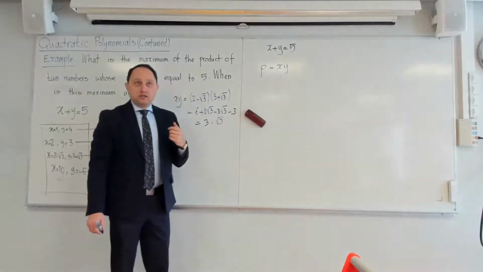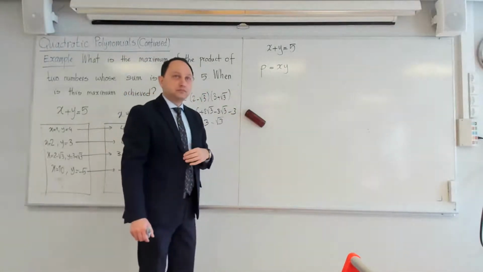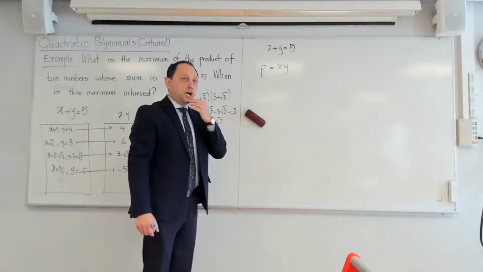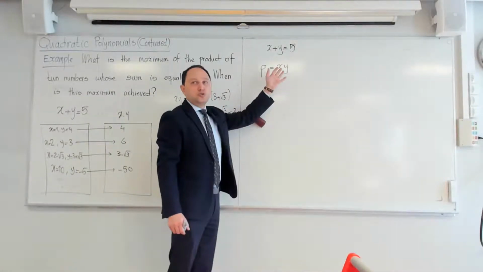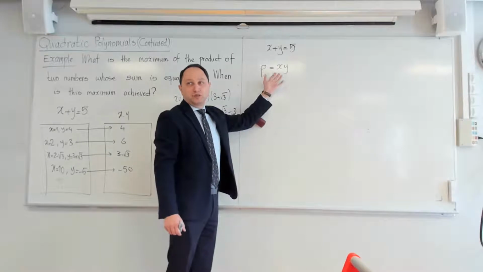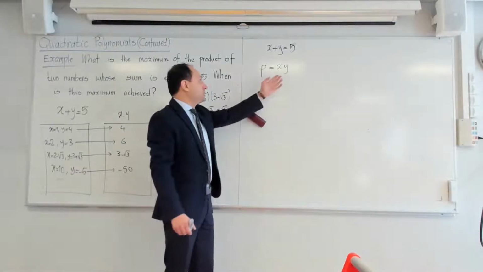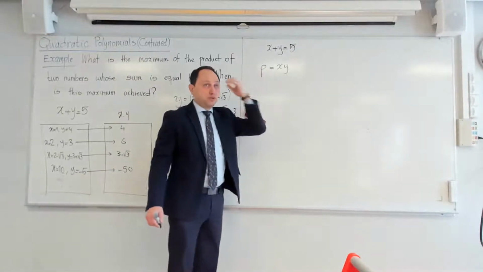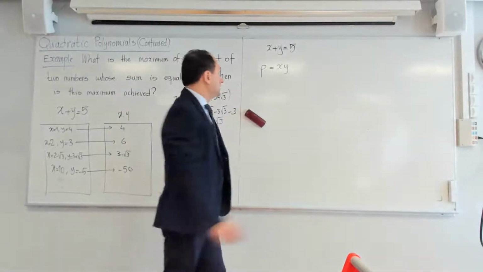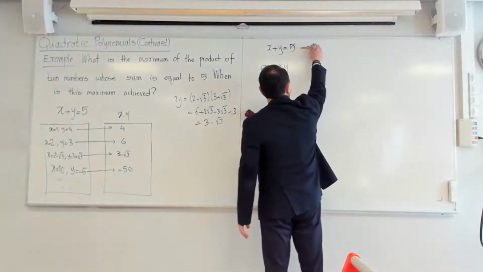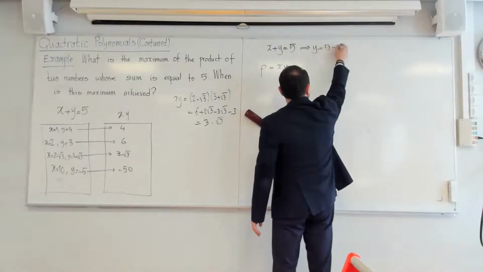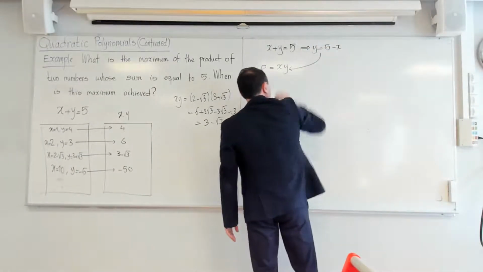Usually the variable we are familiar with is x, so let me get rid of y in favor of x. What should I do? Solve the equation for y. Exactly. So I will find y from here, 5 minus x, and put it here.